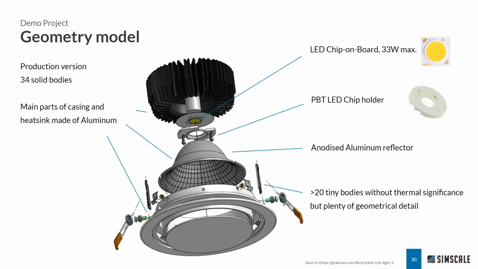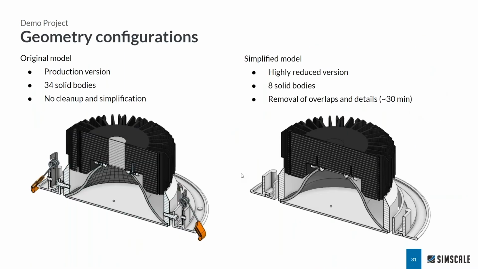Many of those also need to be mounted in here, so we have a lot of holes. And obviously, inside of this reflector, we have a lot of tiny little surfaces that break it into little pieces, make it look really nice in reality, and make it horrible for simulation, or topologically speaking, hard to resolve in the mesh. So that's why we did the exercise to simplify and prepare this model for simulation quite some time ago.